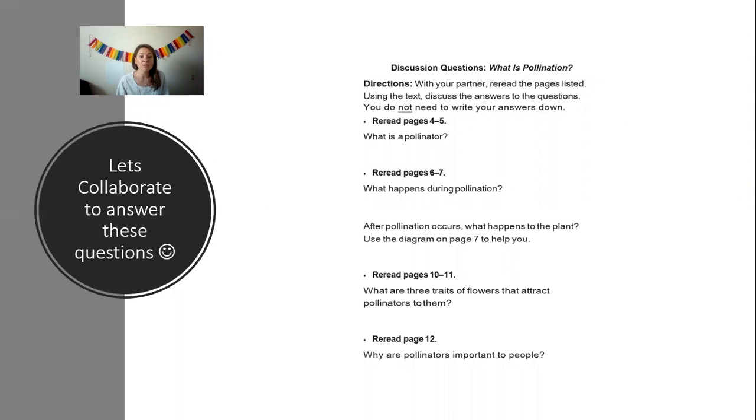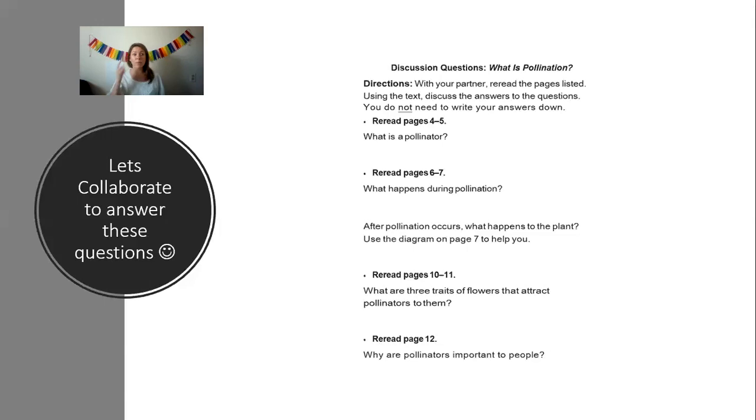So I'm going to do the first 2 bullets. I'm going to have us reread pages 4 and 5, and we're going to answer what is a pollinator. I'm going to do it with you, reread pages 6 through 7, and answer the questions, what happens during pollination, and after pollination occurs, what happens to the plant. And it says to use the diagram on page 7 to help us.